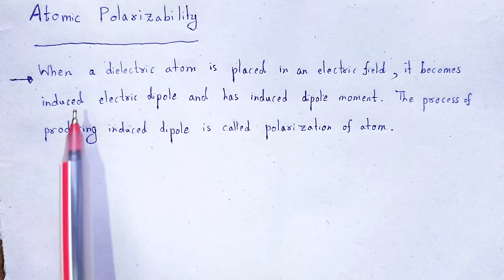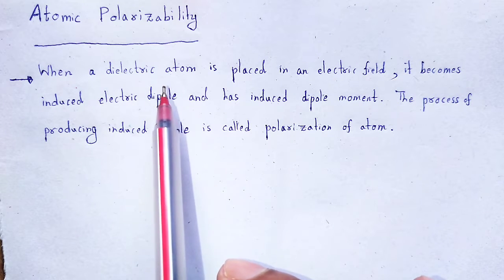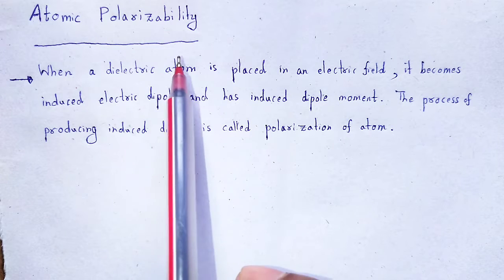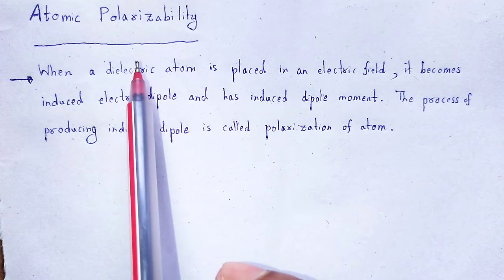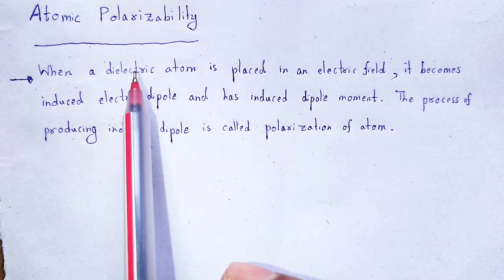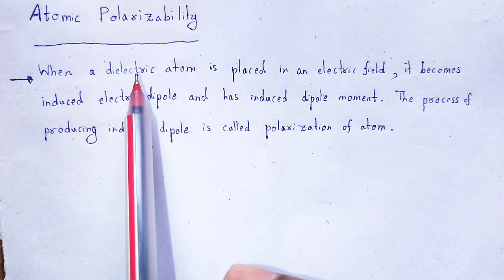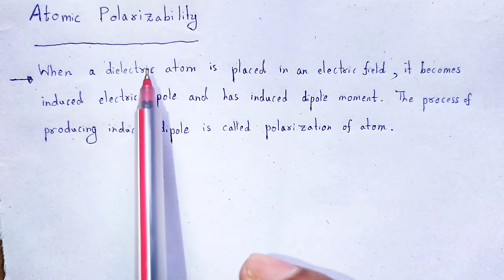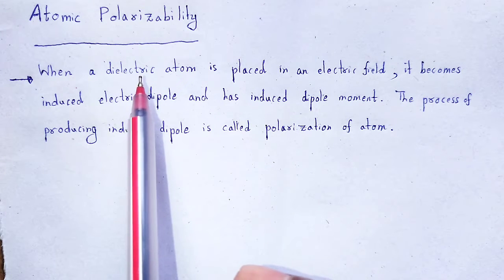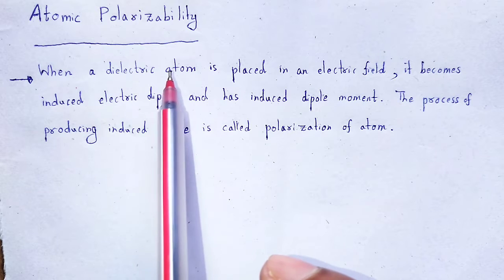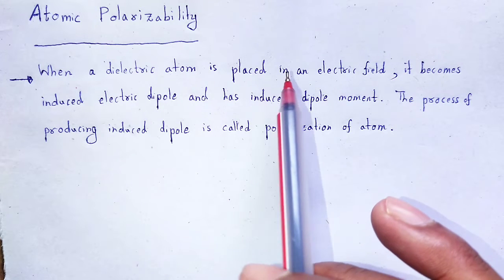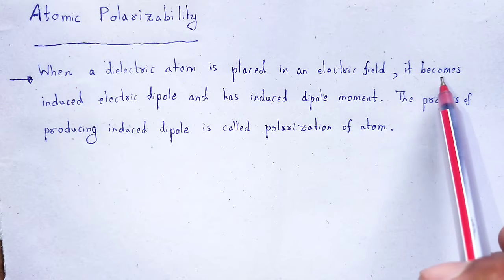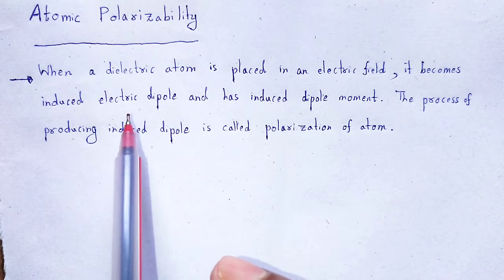When a dielectric atom, meaning the atom present inside dielectric materials, the atom of which that dielectric material is made, is placed in an electric field, it becomes an induced electric dipole.